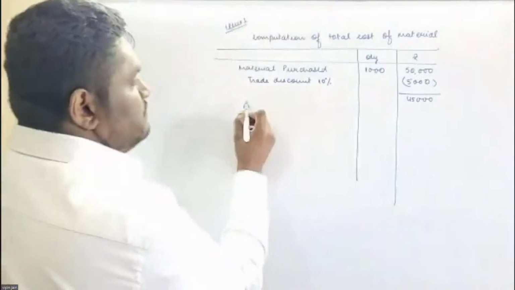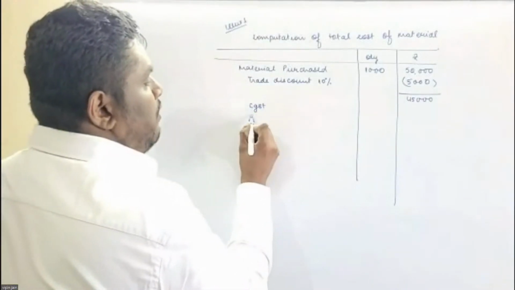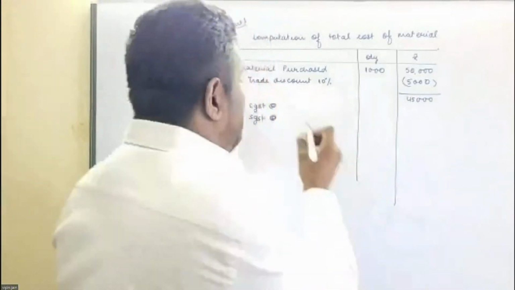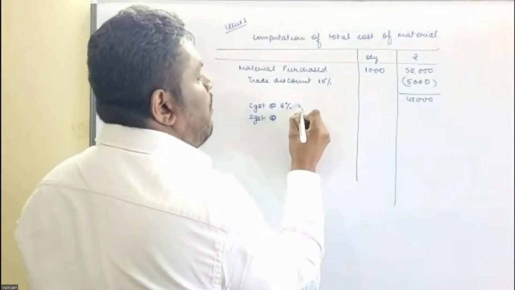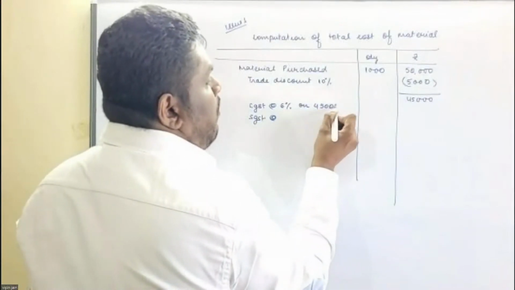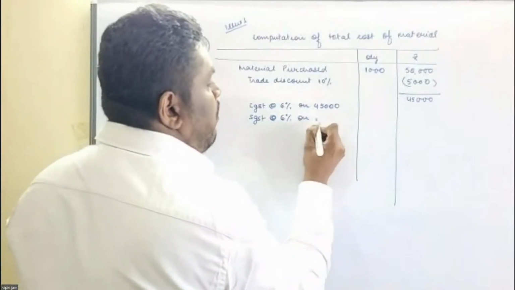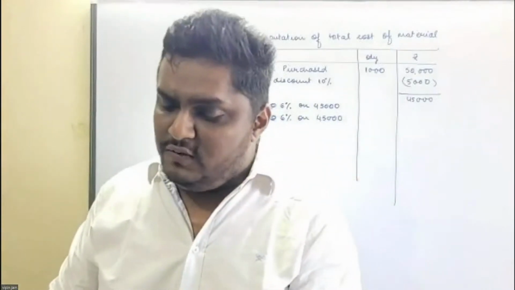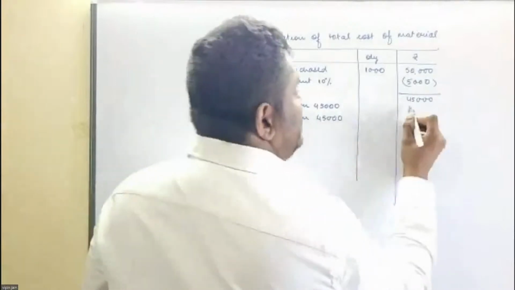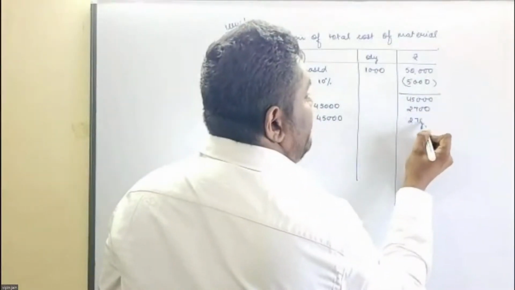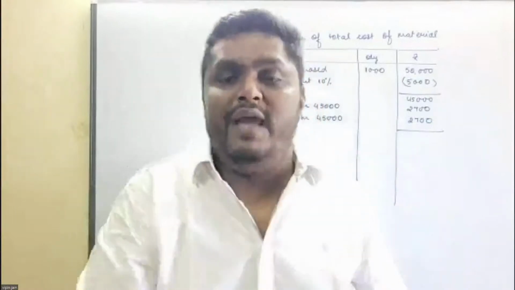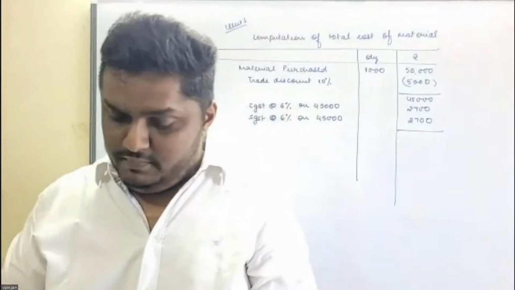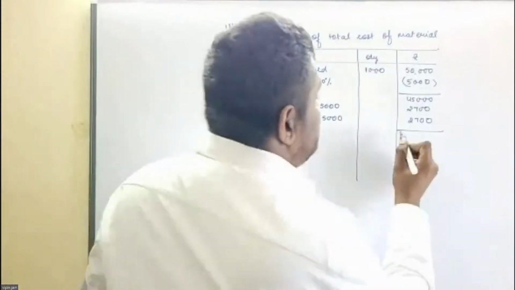So 6% on 45,000, that is 2,700 and 2,700. So this is the final bill we have received from the supplier. So 45,000 plus 12% is 50,400.